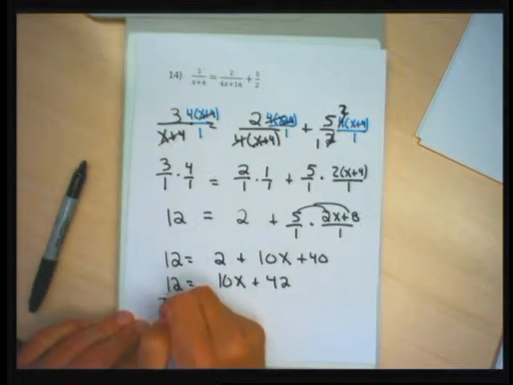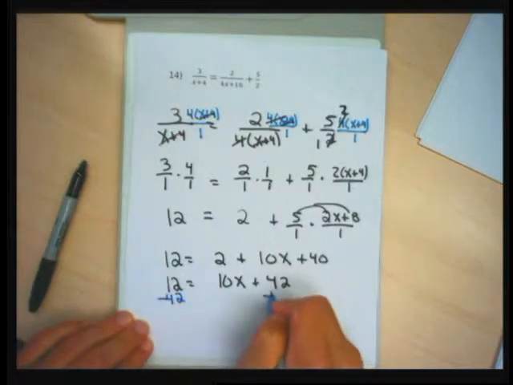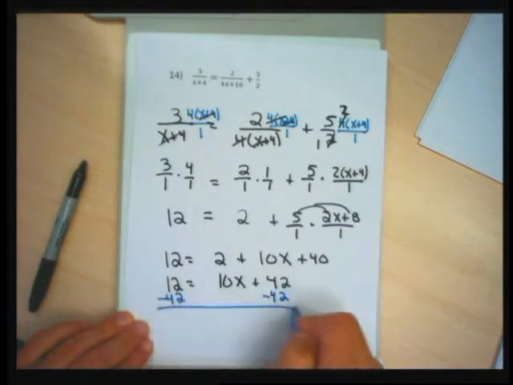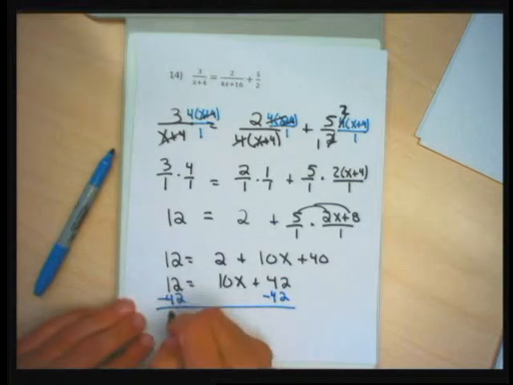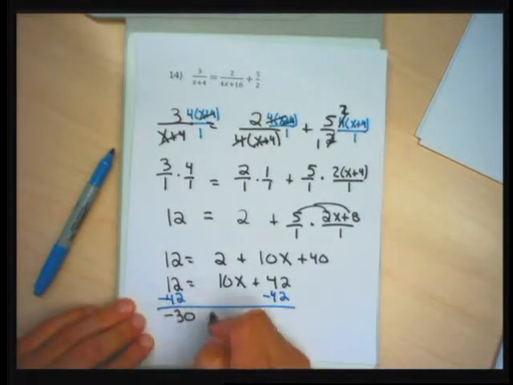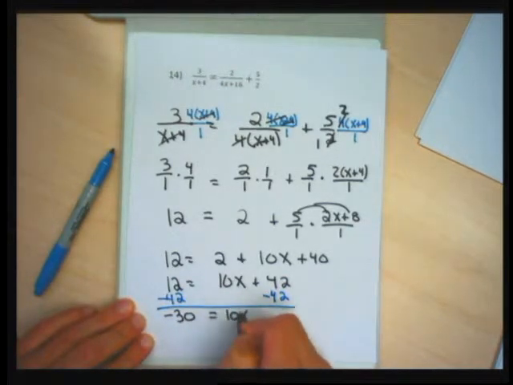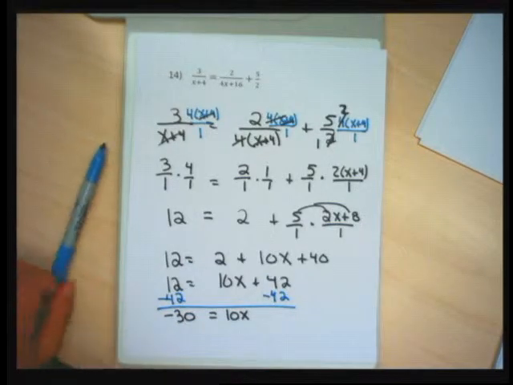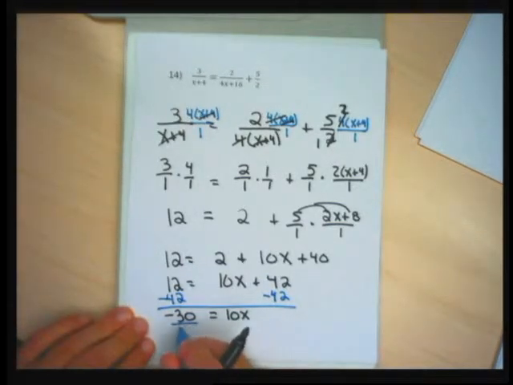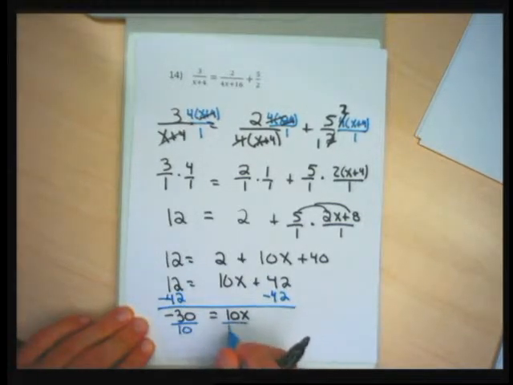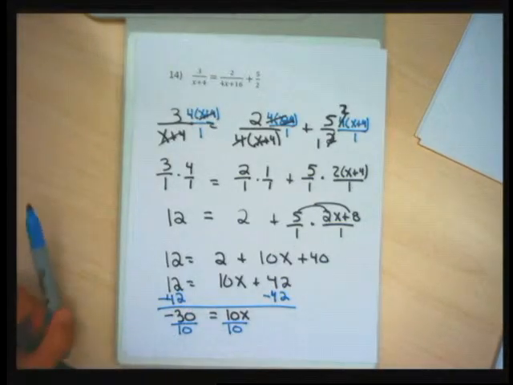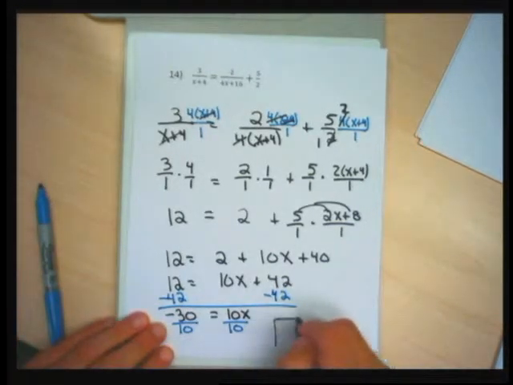I'm going to minus 42 from both sides. On the left side, 12 minus 42 is minus 30. On the right side, the 42's cancel. I'm left with a 10x. Notice I'm not factoring because the problem doesn't have an x squared. Just have to divide to get the x solved for.